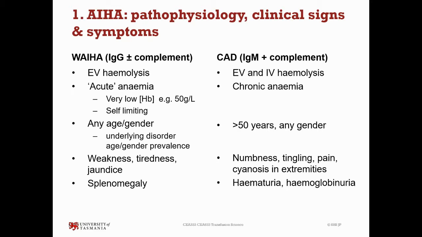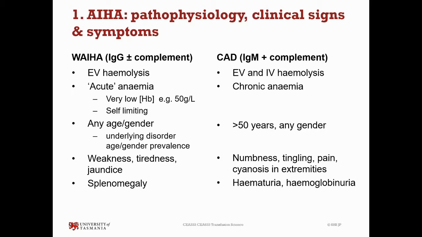So again, I've got warm and cold immune hemolytic anemias side by side, just so that you can see the similarities and the differences between them. Because warm autoimmune hemolytic anemia is IgG with or without complement, we usually see extravascular hemolysis and the signs and symptoms that go with extravascular hemolysis.